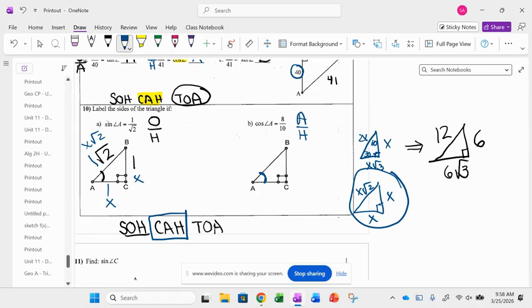Well, A stands for what? Perfect. And what about the 10? AB. Perfect. Sebastian, this is a triple. Do you know what that last side is? Perfect. And that's it. We labeled the triangle.